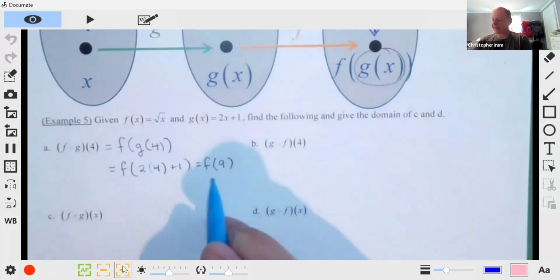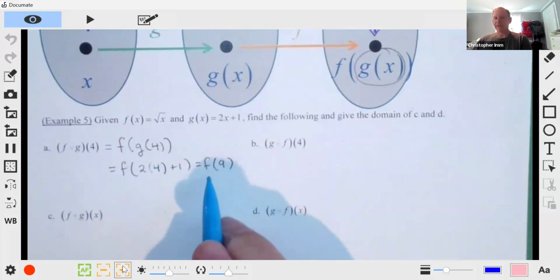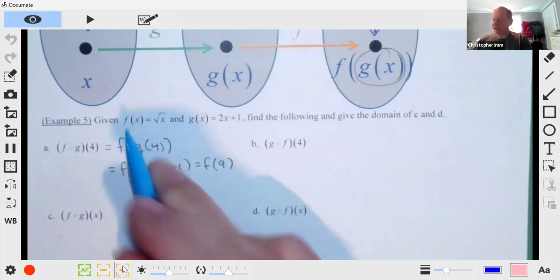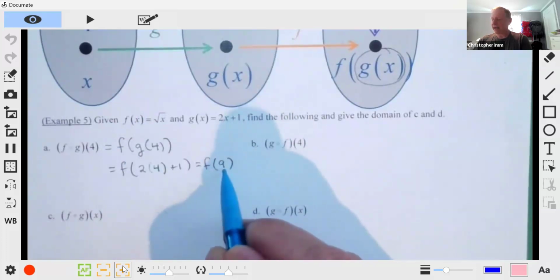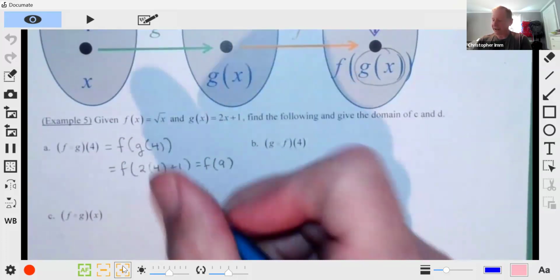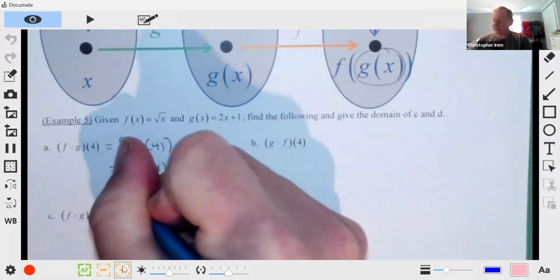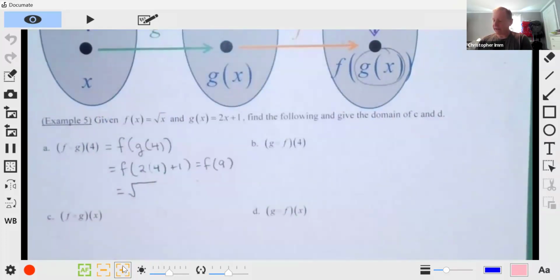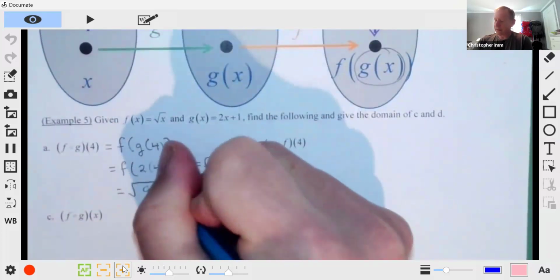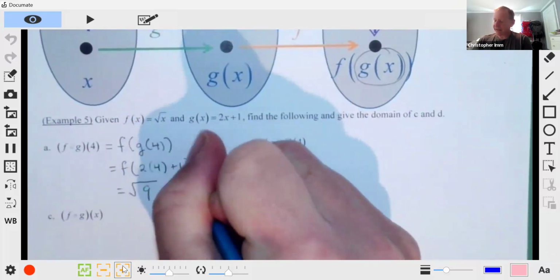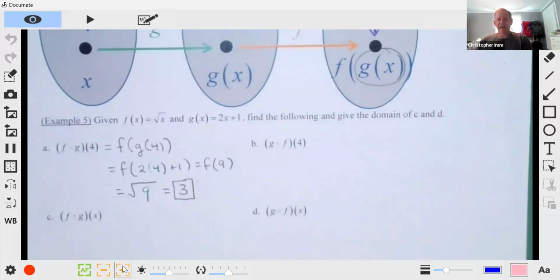And I'm going to use that as the input for that second performed function, f. So now I go up to my f function, I take that output, 9, and plug it in wherever I see an x. This gives me the square root of 9, which is 3. That's evaluating the composition at one point.